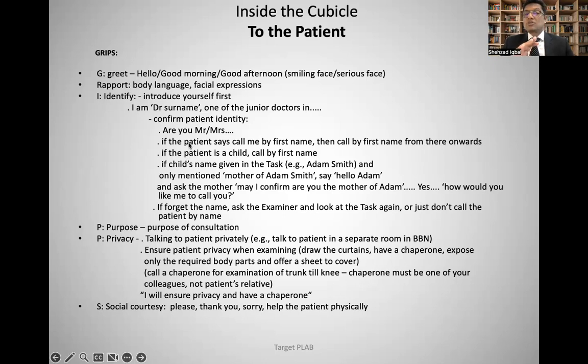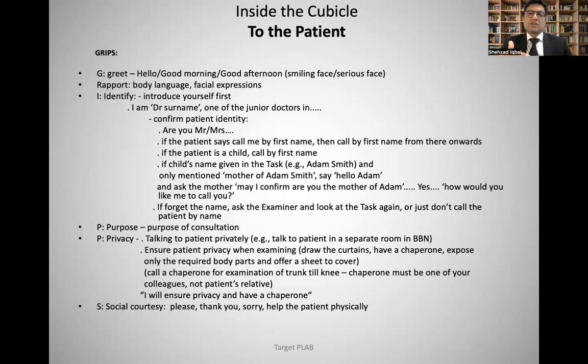So you would confirm. It's easier and quicker to just go with their surname. Are you Mr. Smith? Mr. Charles Smith? And if the patient says yes, then you would continue calling him Mr. Smith, Mrs. Smith throughout the 8 minutes station.